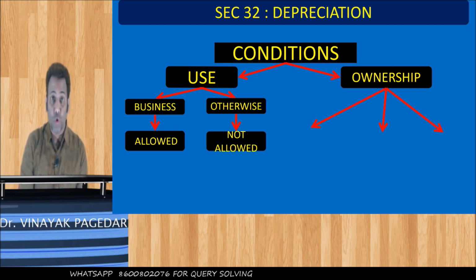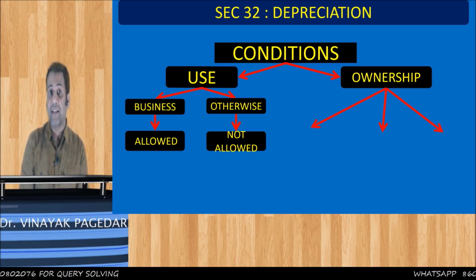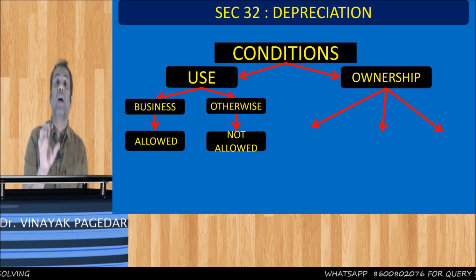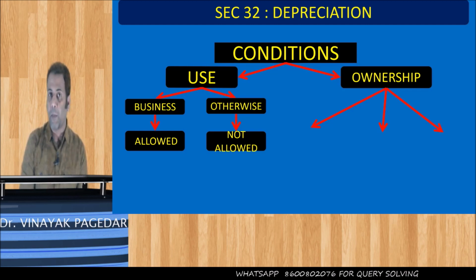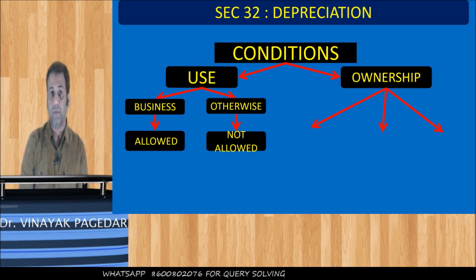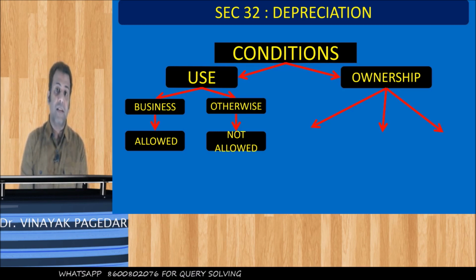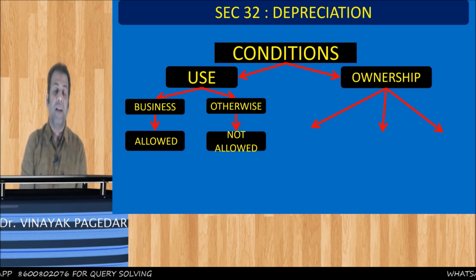Again, the answer is no, because the let out property is governed under Section 22 of the Income Tax Act, and the basis of charge of Section 22 tells you how to calculate and when to tax the income under the head income from house property. So we look at 22, 23, 24, and all this will give the computation. Now, this means that only business assets qualify for depreciation. The asset has to be used for the purpose of the business.